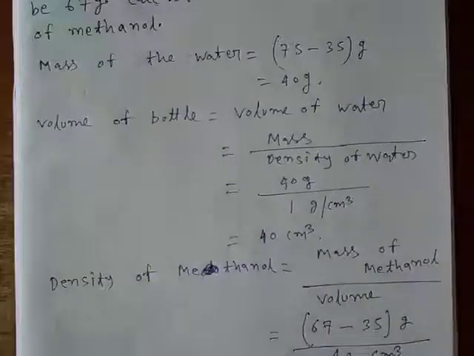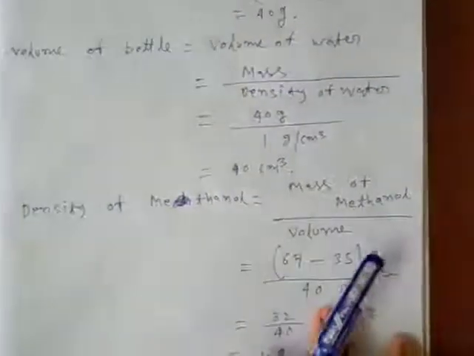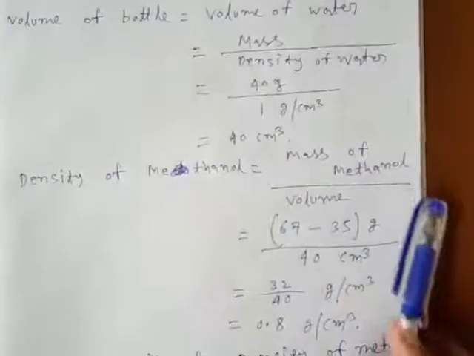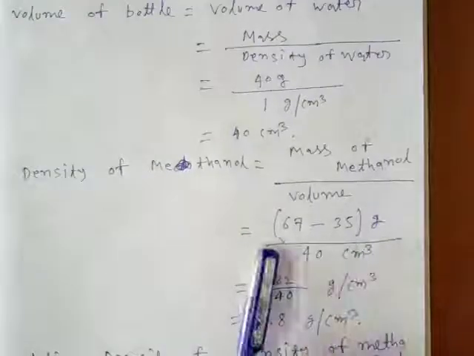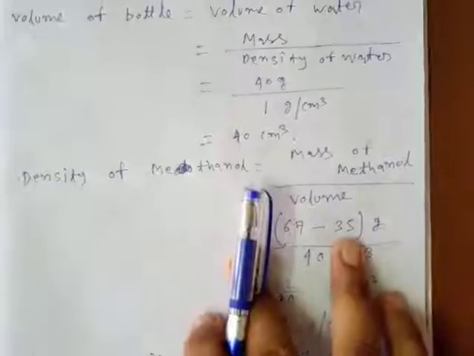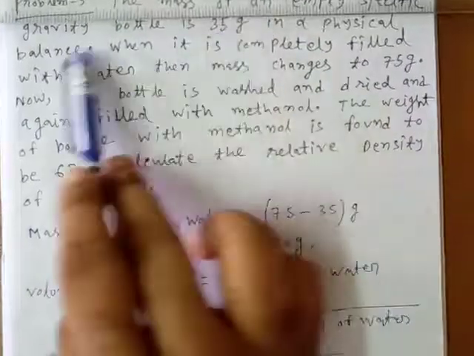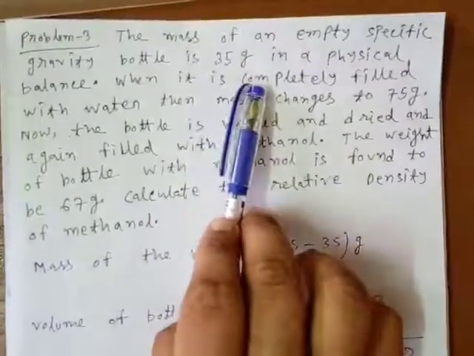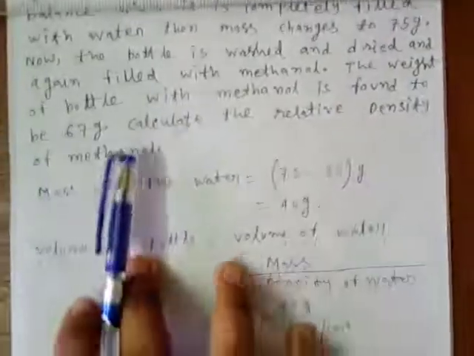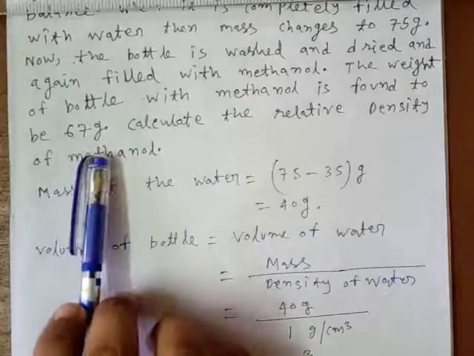Now move to the density of methanol. Density of methanol is given by mass of the methanol divided by volume of the methanol. Now how to calculate the mass of the methanol? Read the question. The empty bottle weighs 35 gram, and when the bottle is filled with methanol, the weight is 67 gram.